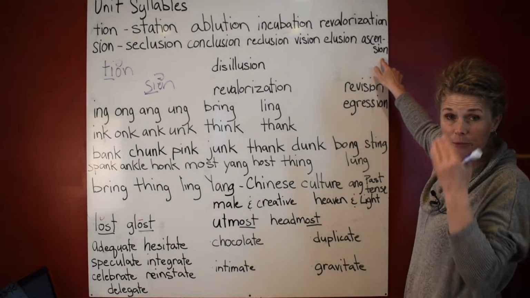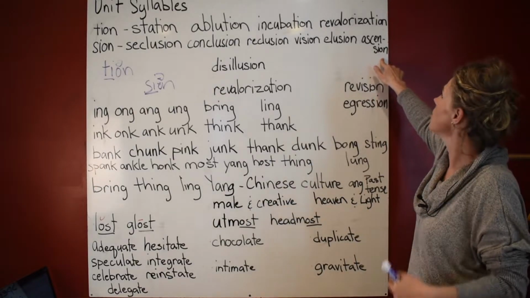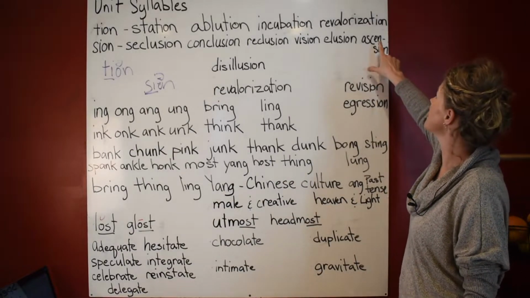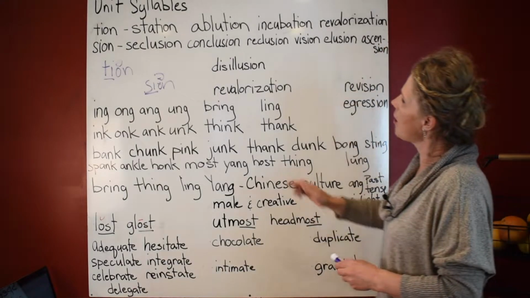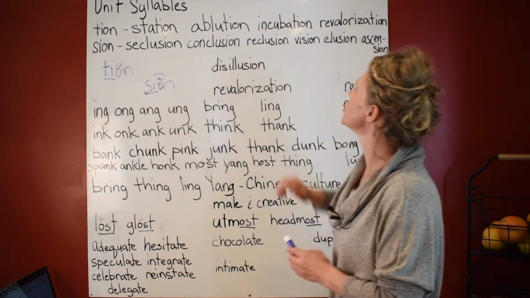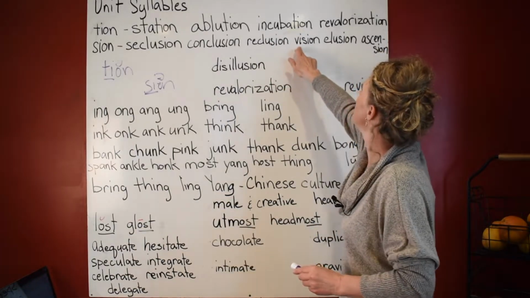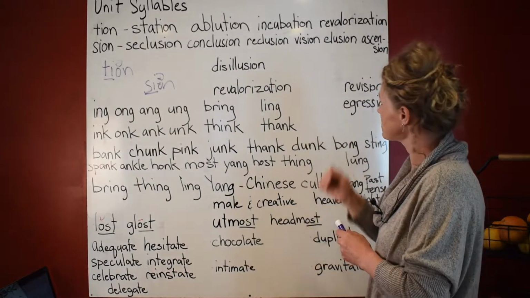Now, did you hear what happened just now? So it says shun because that is a consonant. So all of these other ones, see how it said jun? It's because these had vowels right before it.